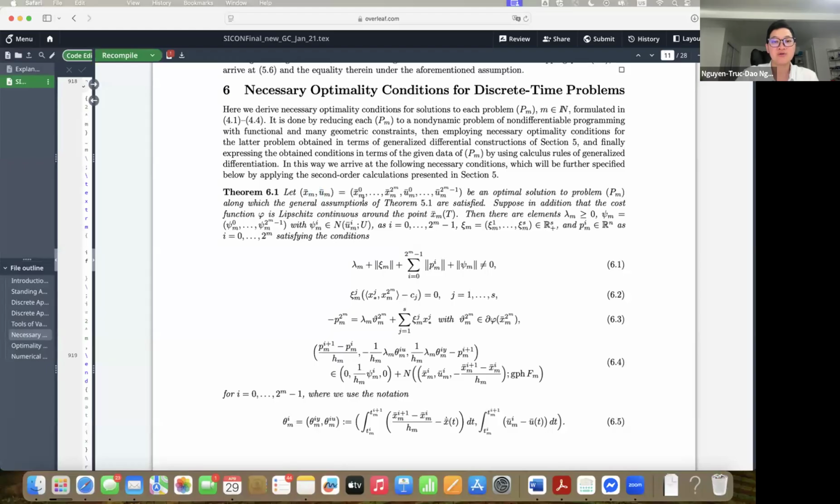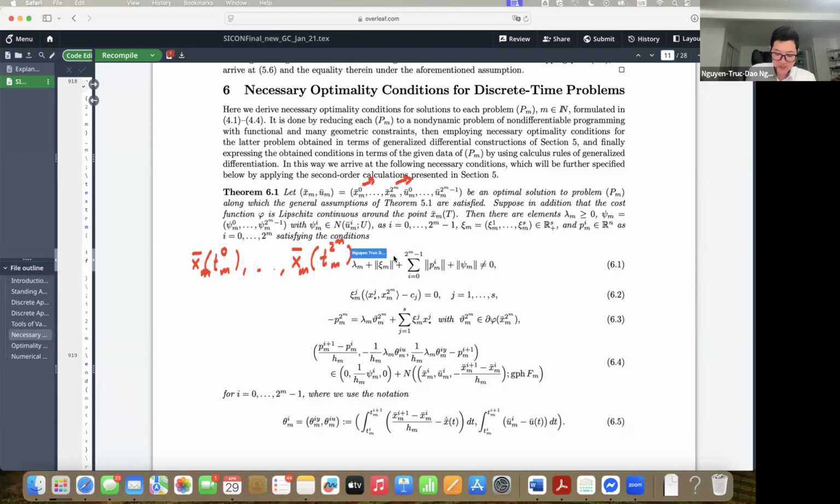And for x_m, you know that when you discretize it, this is going to be x bar of t_0m, x_m bar of t_0m, and this one is going to be the value of x bar m at the time t_2m.